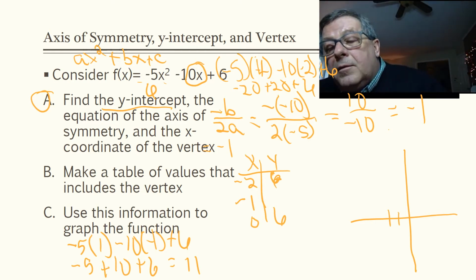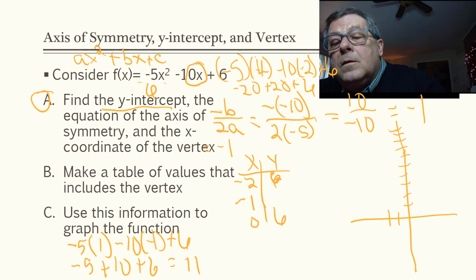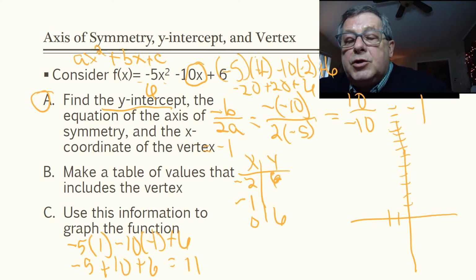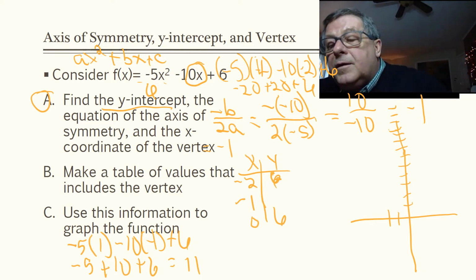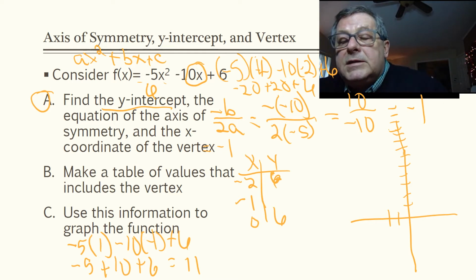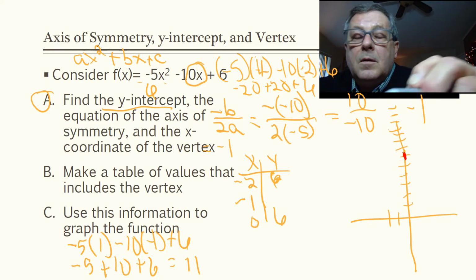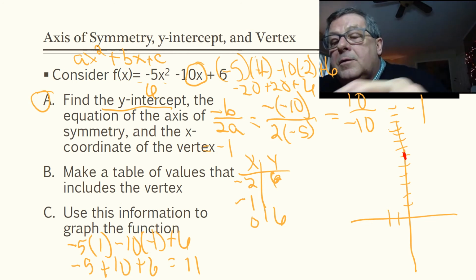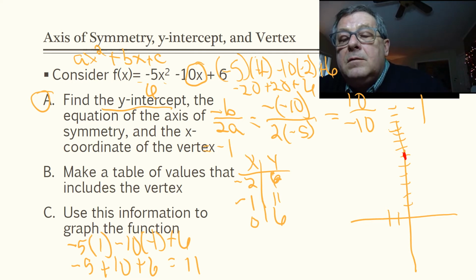I've got that on my table of values, and I'm going to have to go up as far as 11. 1, 2, 3, 4, 5, 6, 7, 8, 9, 10, 11. Okay, so let's start with the y-intercept. When x is 0, 1, 2, 3, 4, 5, 6. There's the y-intercept.